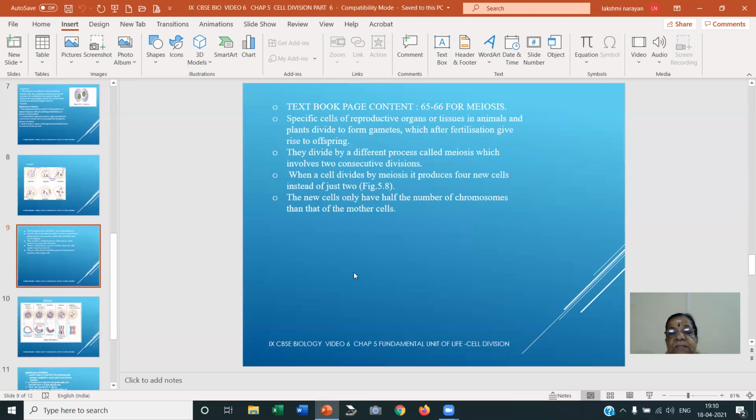The same meiosis in our textbook content: specific cells of reproductive organs or tissues in animals and plants divide to form gametes, which after fertilization give rise to offspring. And they divide by a different process called meiosis, which involves 2 consecutive divisions.